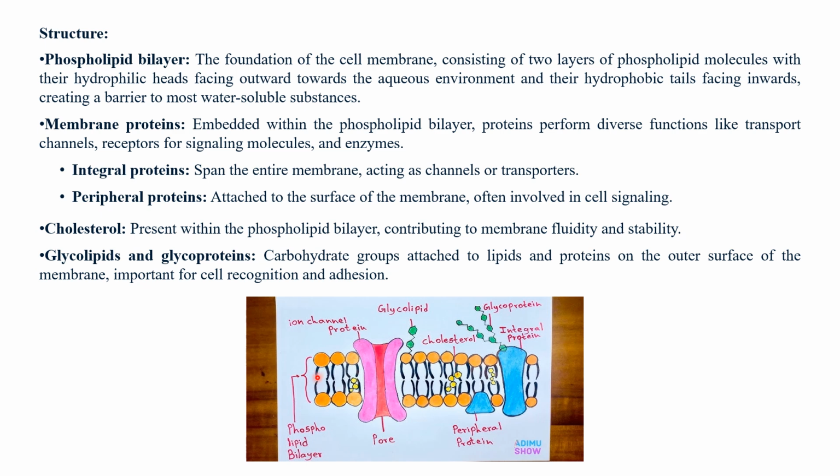This is phospholipid bilayer. So the foundation of the cell membrane mainly consists of two layers of phospholipid molecules with hydrophilic heads facing outwards towards the aqueous environment, and their hydrophobic tails.